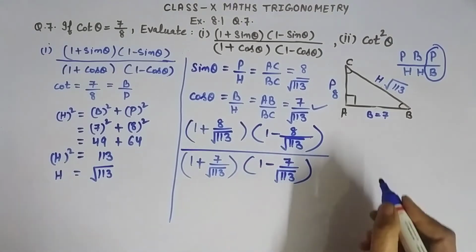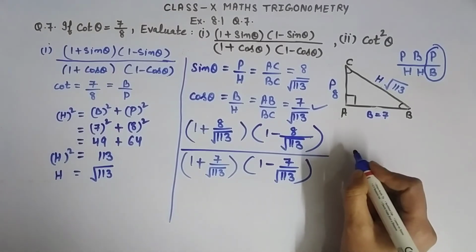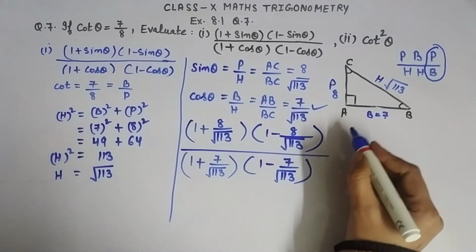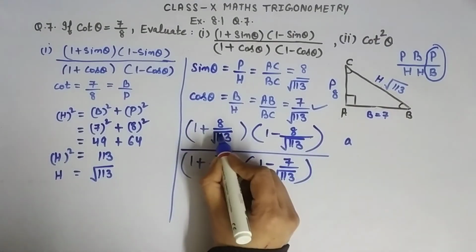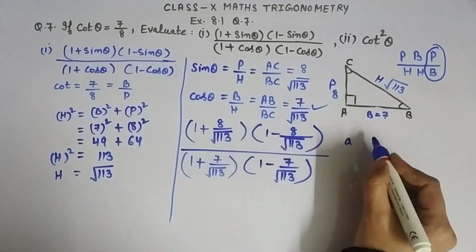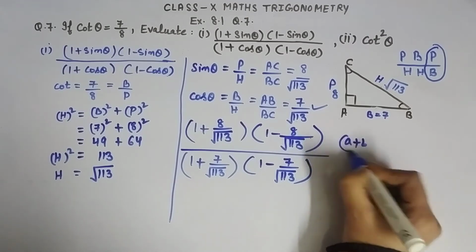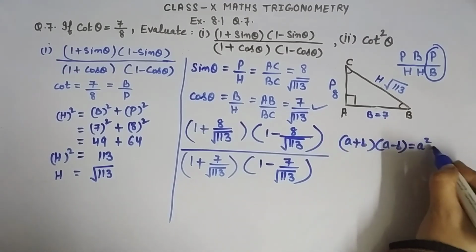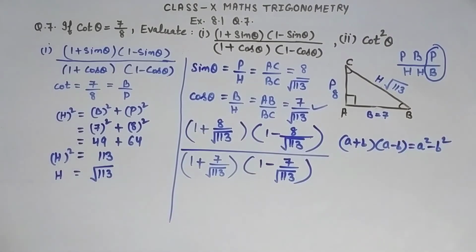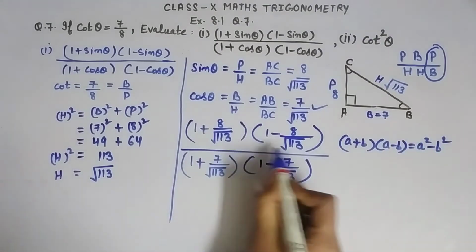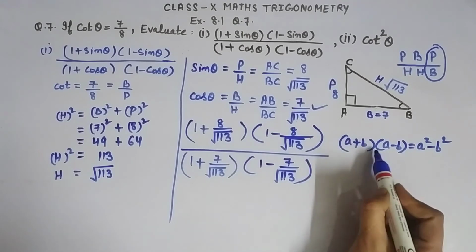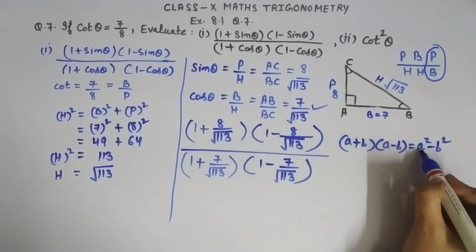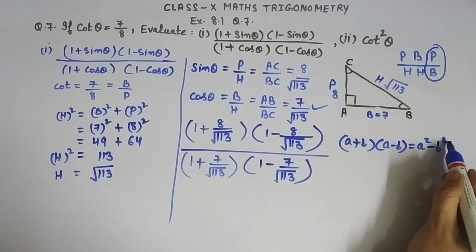So here we see that an identity is being used, that is (a plus b) into (a minus b) is equal to a square minus b square. So in the question we have the form a plus b and a minus b, so we will change it into a square minus b square.